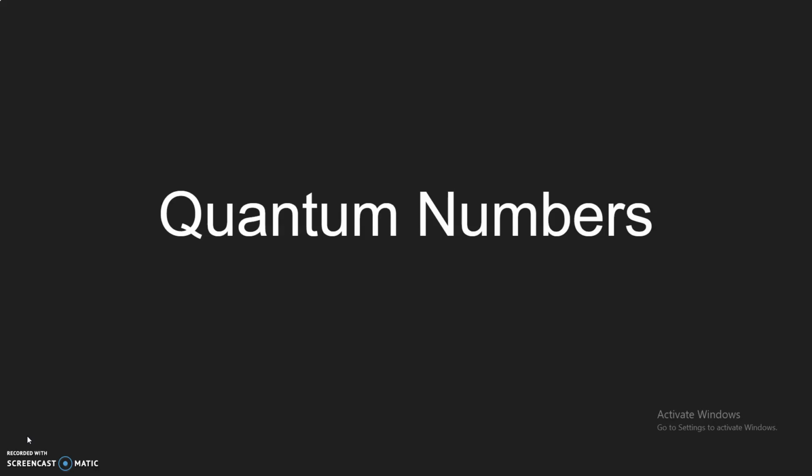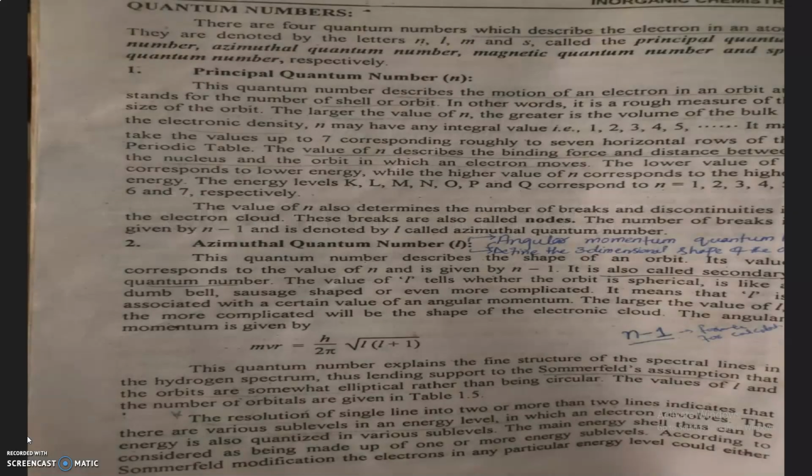So as you can see, it's a number, and quantum also represents any number, like any number from 0 onwards. Now, what are quantum numbers? There are 4 quantum numbers which describe the electron in an atom.